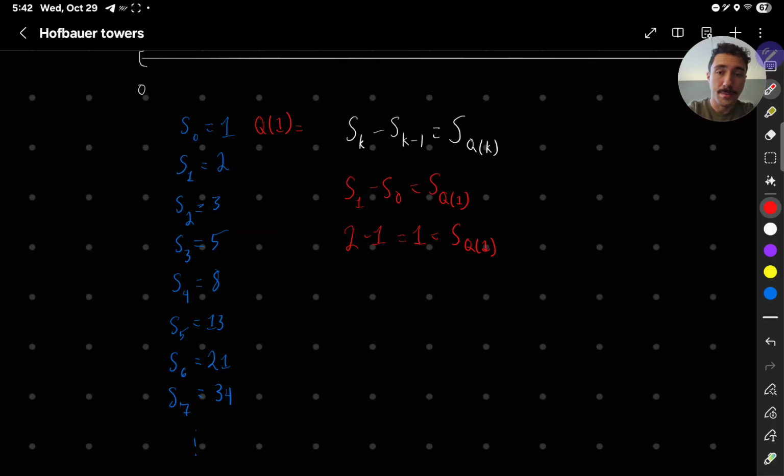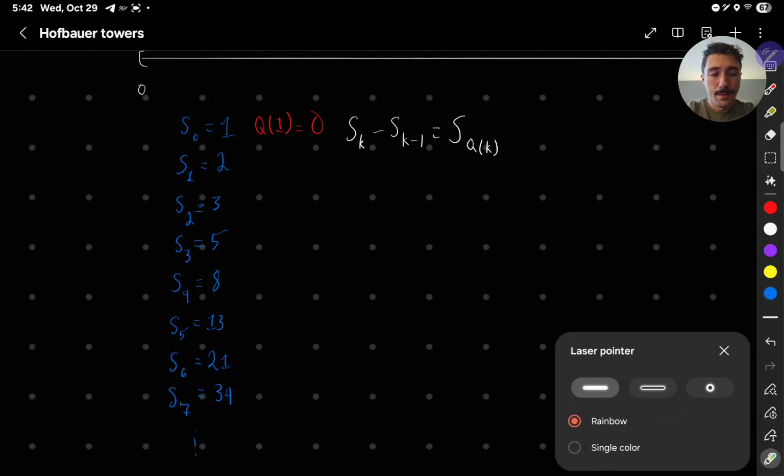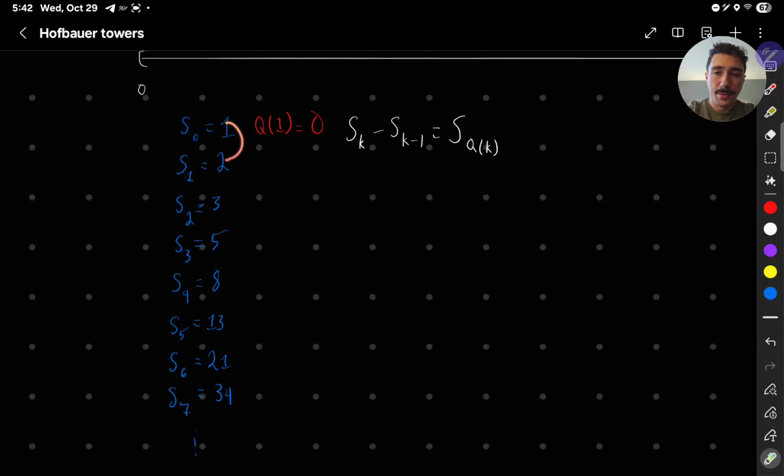And so q1 has to be 0. So what I've done is I've said, in your head, what's the difference in these two? It's 1. What cutting time is 1? Cutting time 0. That's the kneading map value for 1. So we're calling q the kneading map.